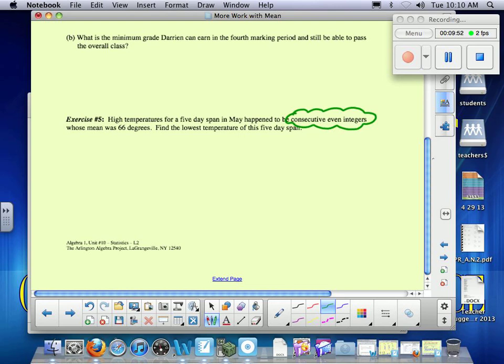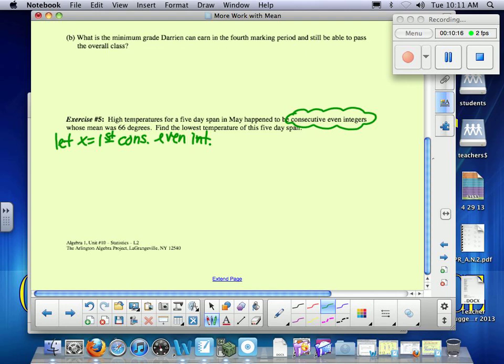Let x equal our first consecutive even integer. How do I get to the next even? X plus 1, no, 2.